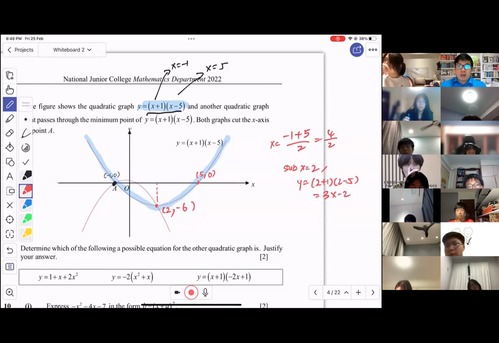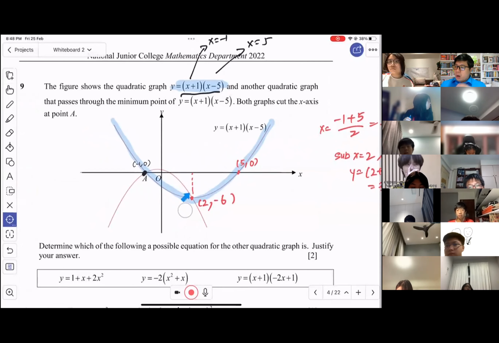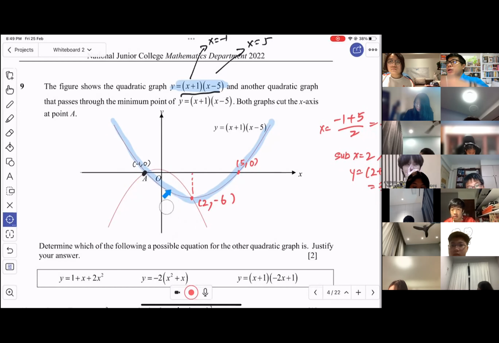Also, I have the turning point already. Why do I do that? Because if I want to find this graph, I need to know what it contains. I know that it contains the minimum point of this blue graph. I found that. I know that it also has the x-intercept of the blue graph. I also have that. With these two, you can form your equation already.